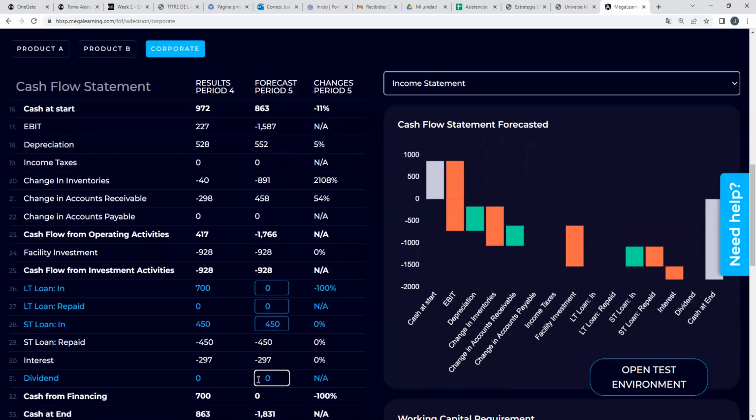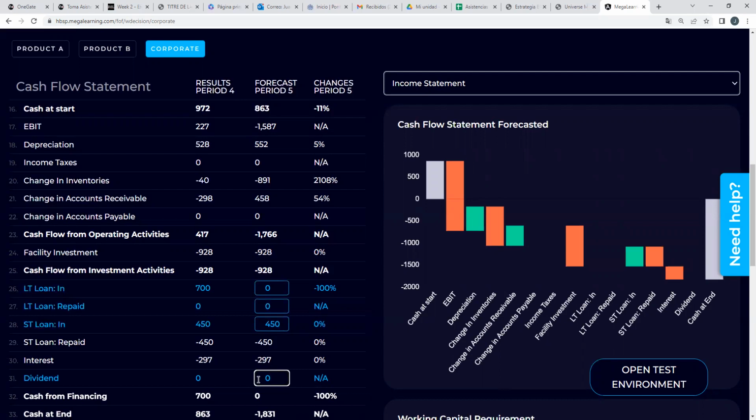This is because your company has accumulated retained earnings negative. Remember that the meaning of the dividend is to share with your investors the profit of the company. At this point, the company does not have profits, so you cannot share profits with the investors.